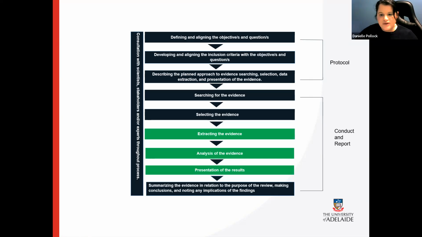So you're not making those decisions in the spur of the moment, and then forgetting those decisions. It's all transparent and it's a rigorous approach, because a scoping review is just as rigorous as a systematic review. It's just answering different types of questions, therefore has slightly different processes, but it's still rigorous, it's still transparent.